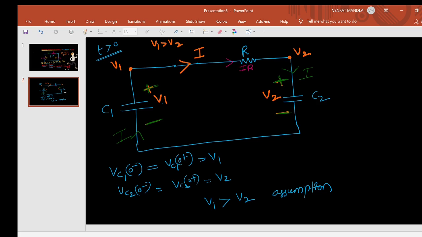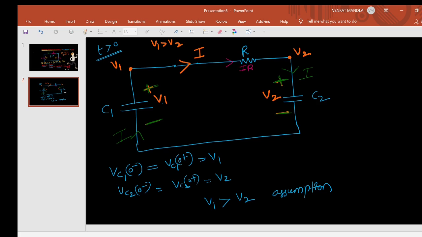This capacitor C1 is a passive device. Because of some initial voltage, it has some stored energy, right? Because of that energy, it is supplying power to the circuit. So after some time, that stored energy will get dissipated. How much time will it take? That is the question.